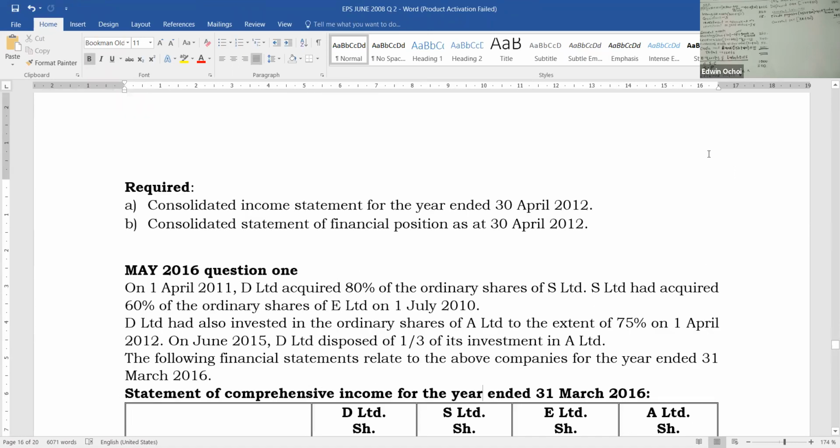So income statement, because I have the hard copy here, this one was 10 marks. Then the statement of financial position was 10 marks.